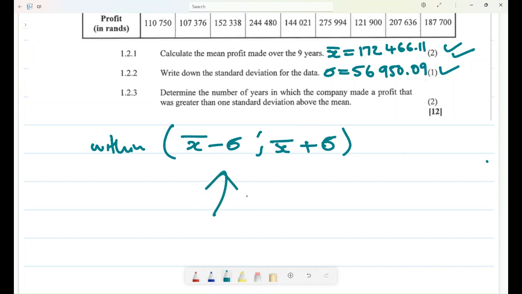This is when they want between, or within. Above, you're going to say X bar plus.